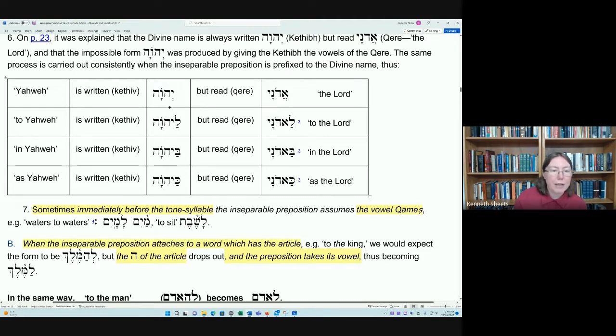So thus you have then the name Yahweh, but it is read Adonai, and then the preposition, so you would put that lamed preposition on the front of it, but it would be read as Ladonai. Badonai, Kadonai.